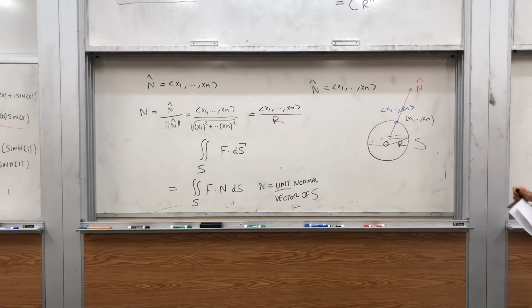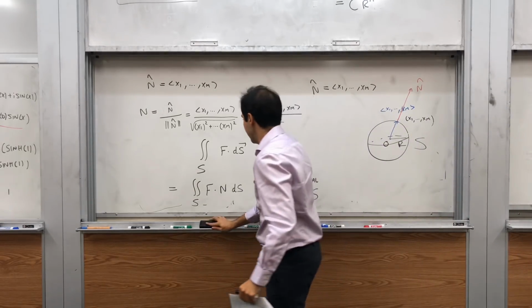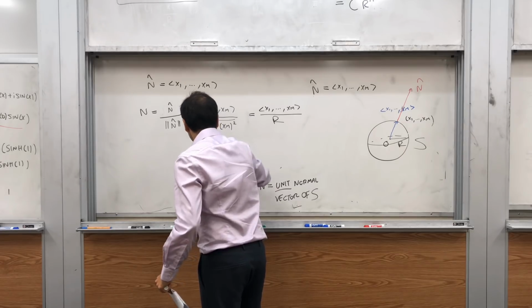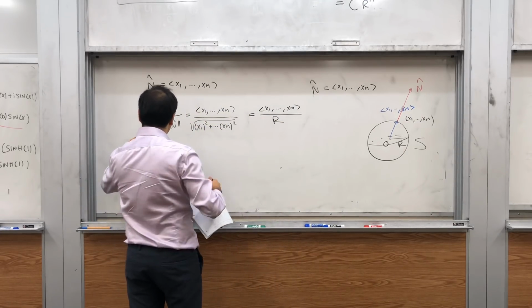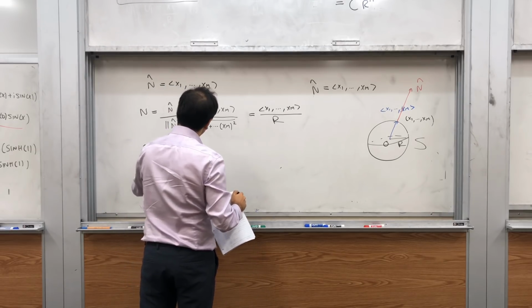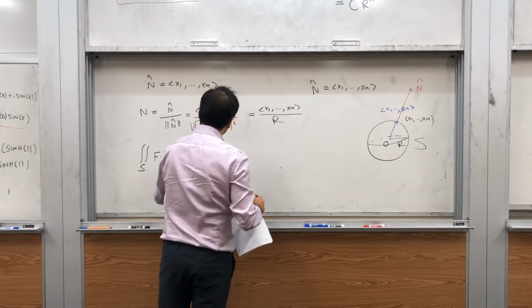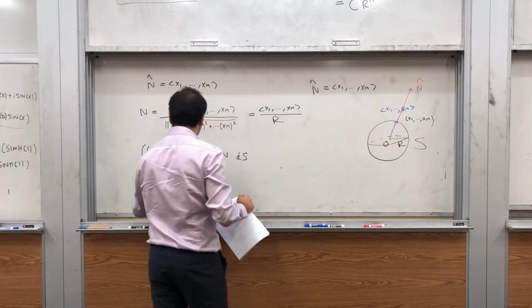And this will help us actually calculate that surface integral. Because what do we get? We had the double integral of f dotted with dS. By definition, that's just f dotted with n dS.